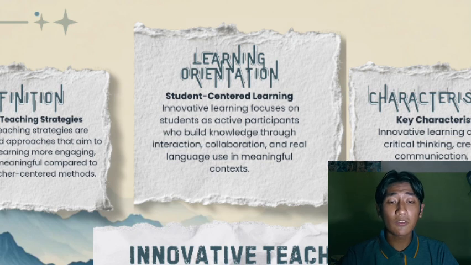In short, innovative learning focuses on how students learn, not only what they learn. So the simple thing is this learning orientation makes students train their skills not only from listening, because if the students only listen to the teacher, they are not going to train their skills.